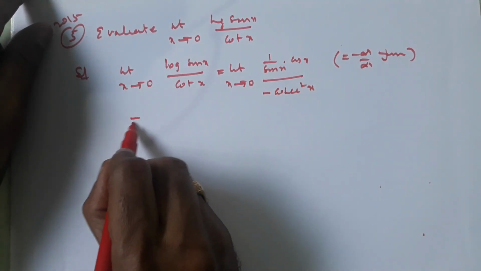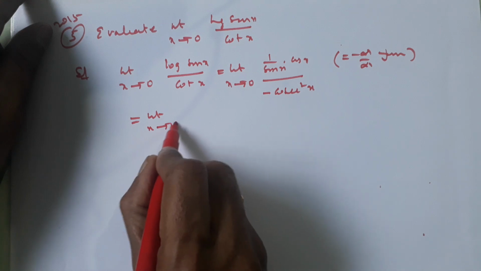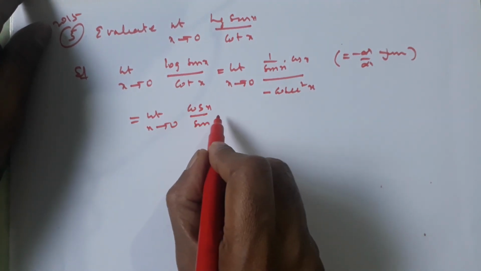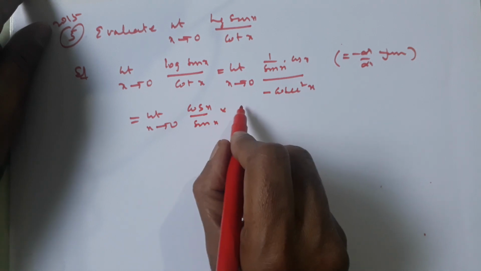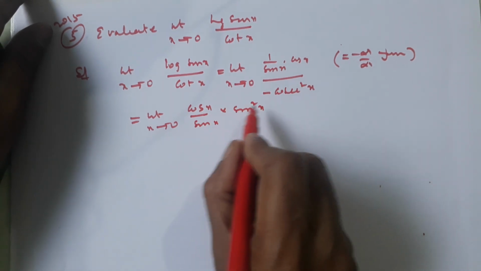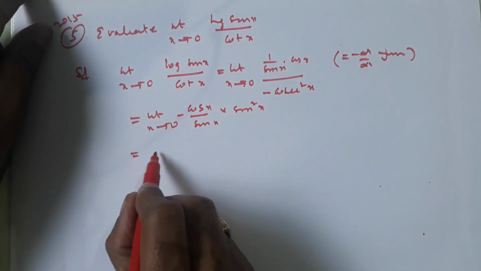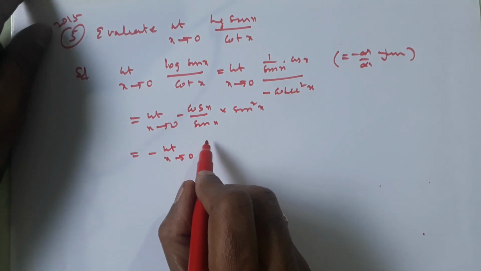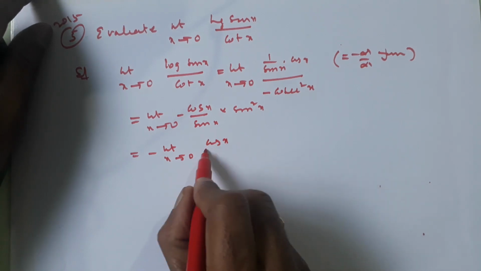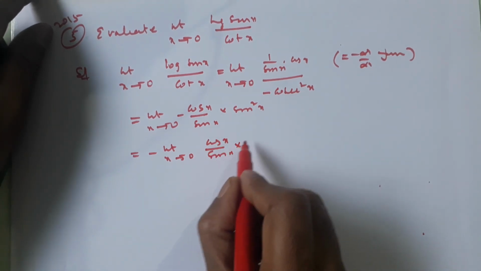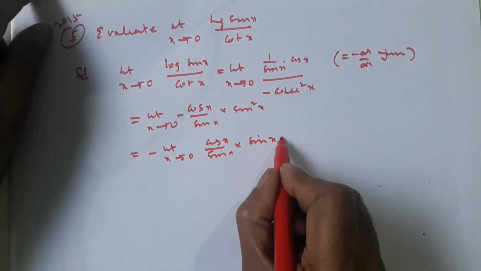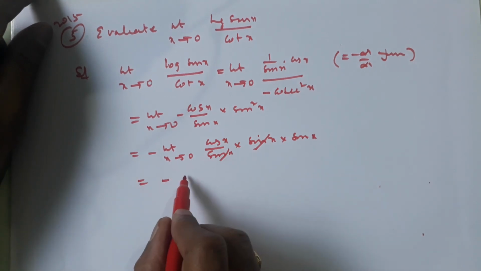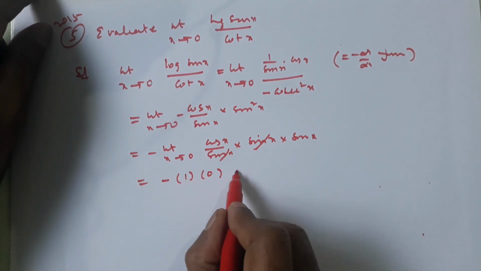This is equal to limit x tends to 0 of cos x divided by sin x into sin square x, of course with a minus sign. That is equal to minus limit x tends to 0 of cos x by sin x into sin x. So that is minus 1 into 0, which is equal to 0.